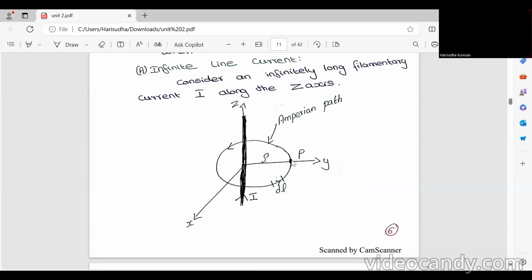The closed path which passes through the point P is called the Ampere path, which follows Ampere's law.